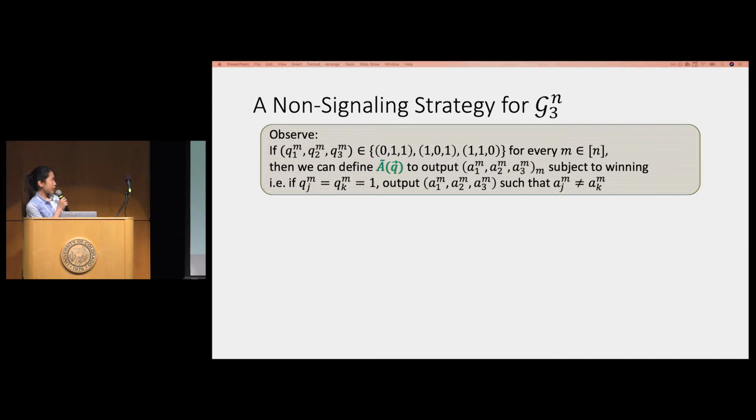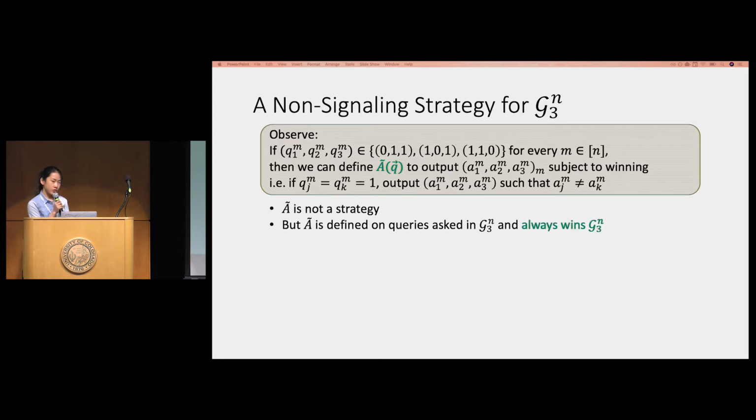Concretely, let's consider the nth instance of the game, and say that the jth and kth players are outputting 1. Then we want to output 3 bits for this instance of the game such that the jth and kth bits are different. And this distribution A tilde is not a strategy. It's only defined on vectors of queries that are of this form.